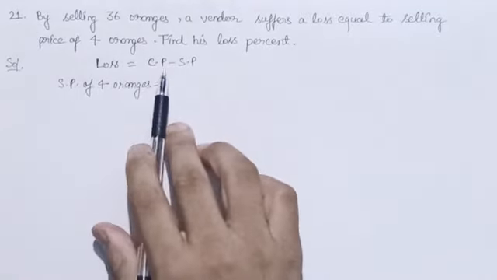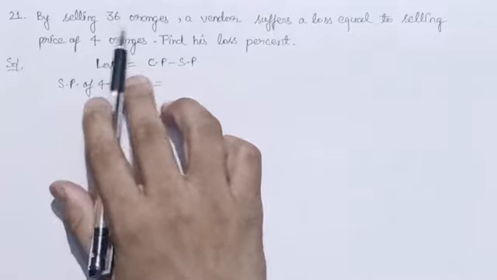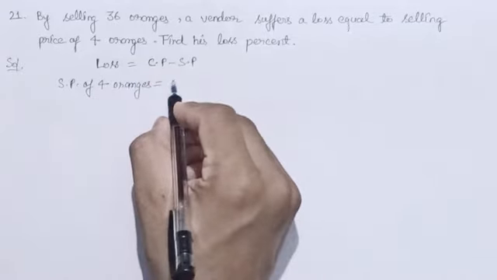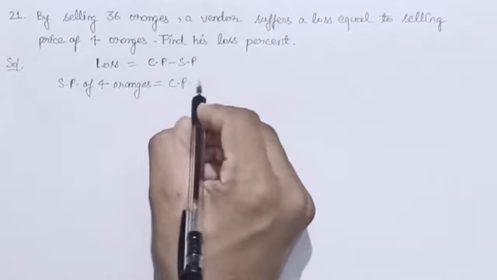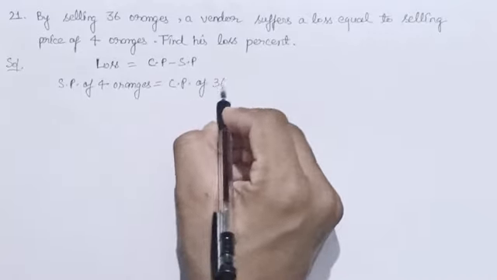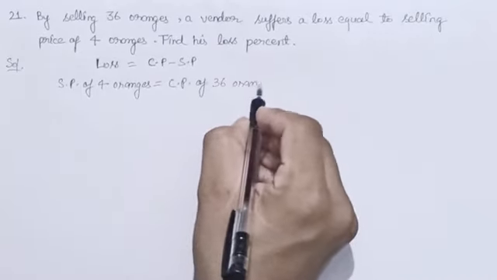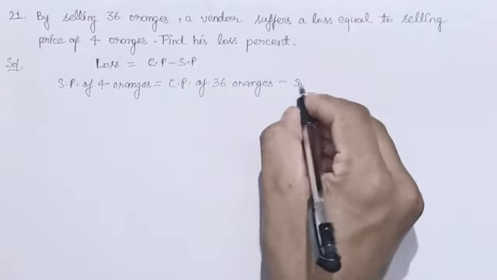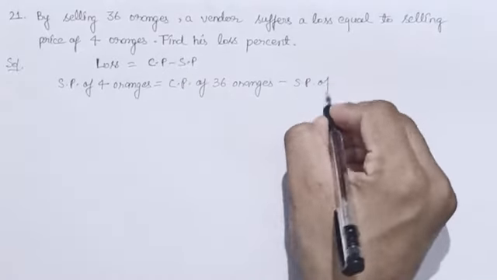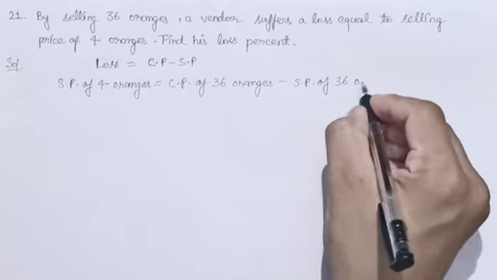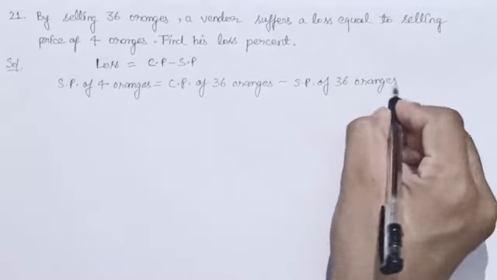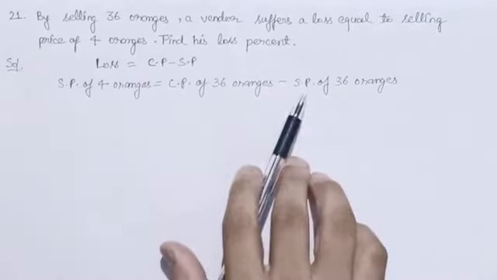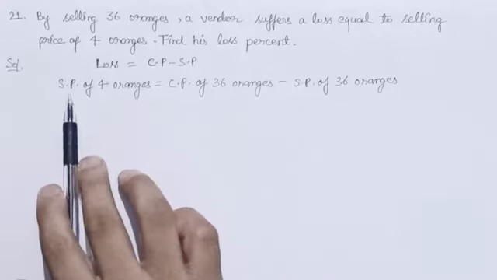Now you can write CP of 36 oranges minus SP, means SP of 36 oranges. Now here SP of 36 oranges and here SP of 4 oranges.